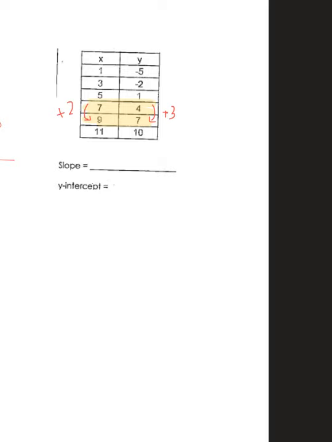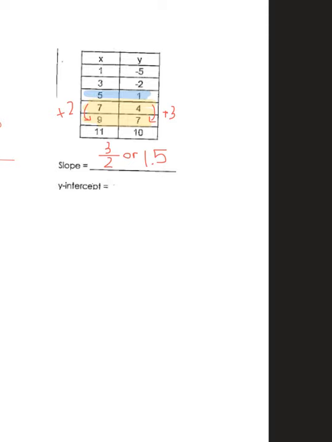The y over the x, so 3 over 2. I can leave it like that or change it to a decimal, 1.5. So then if I do like I did on that previous one and choose one pair of x, y values, it could be the ones I used to find the slope, or it could be any other ones. So I'll use those.